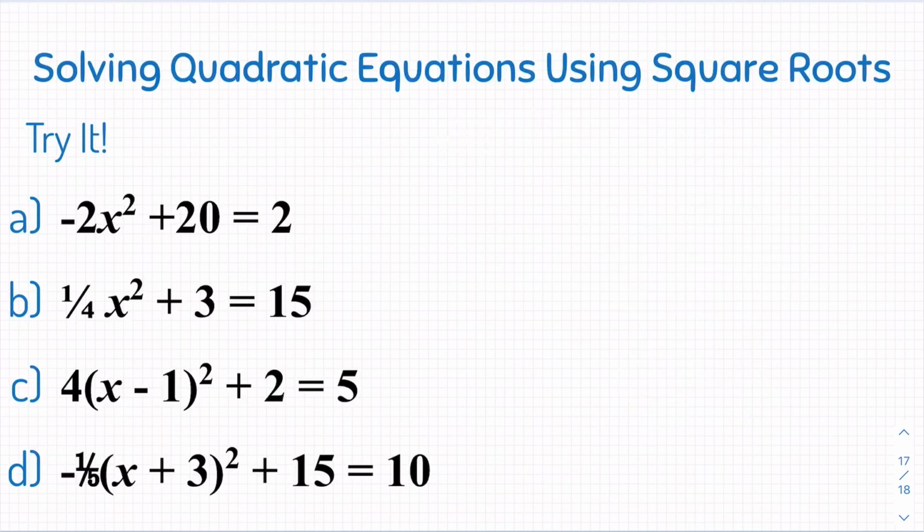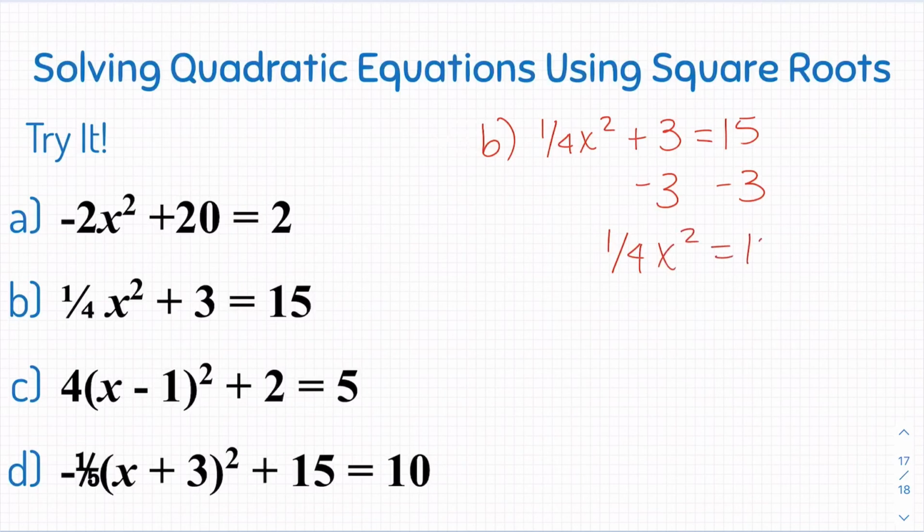Now try example B. Okay, for B, 1/4 x squared plus 3 equals 15. So I'm going to start by subtracting 3. Then the opposite of multiplying by a fourth is multiplying by 4.